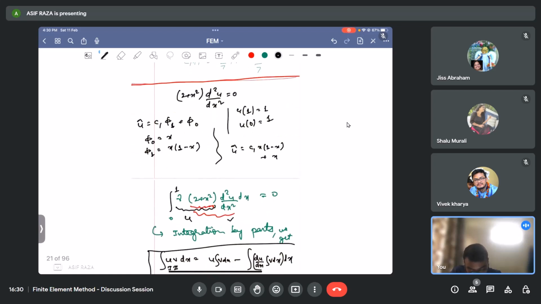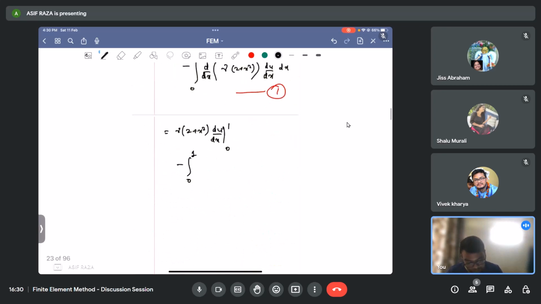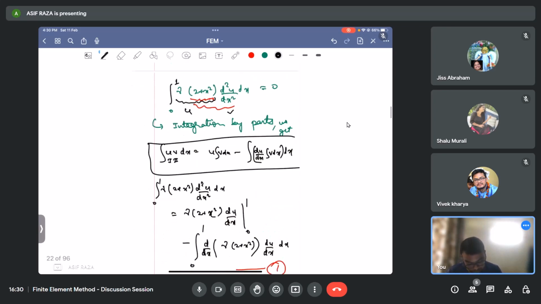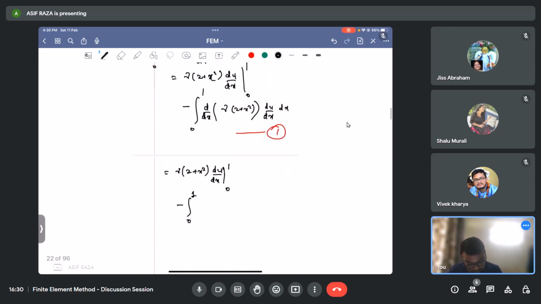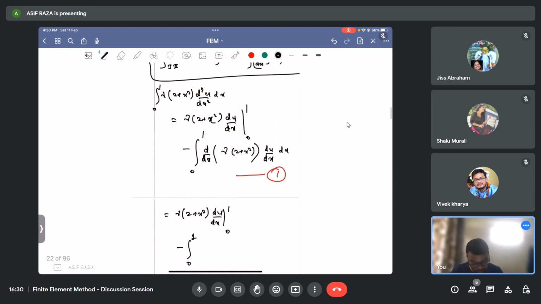Gamma is some phi 1, but whether I should or I should not, that's the question.